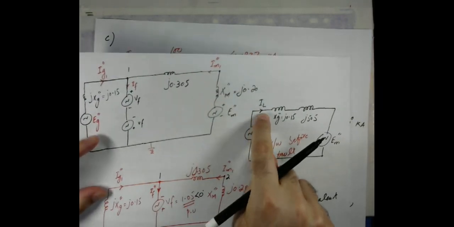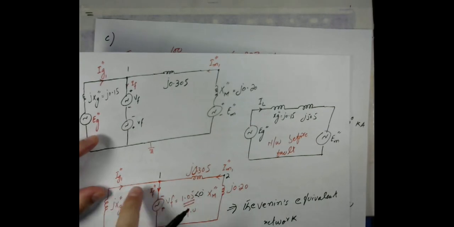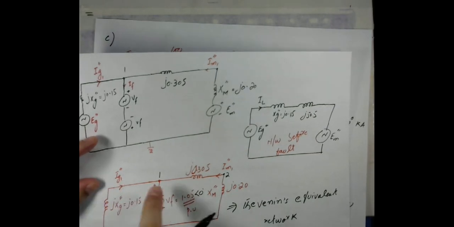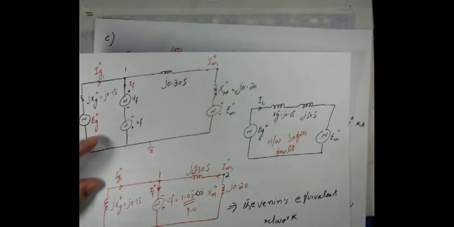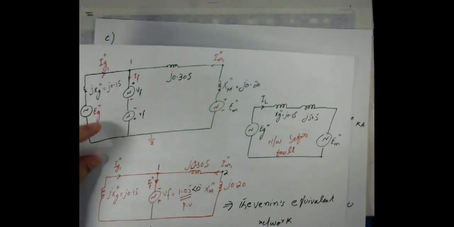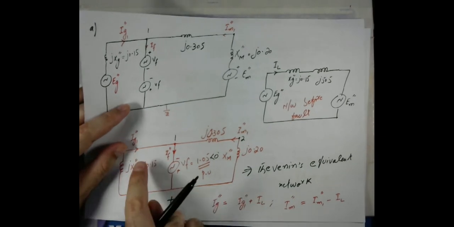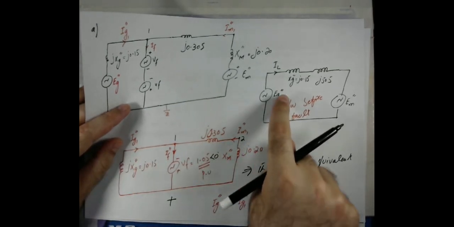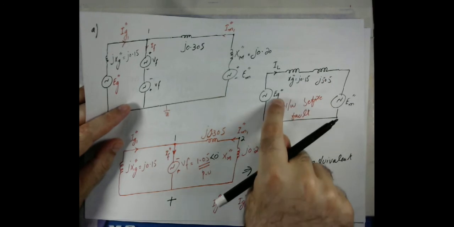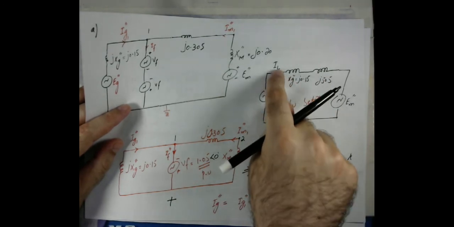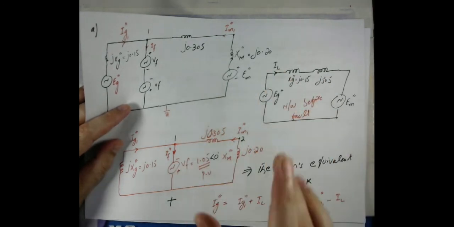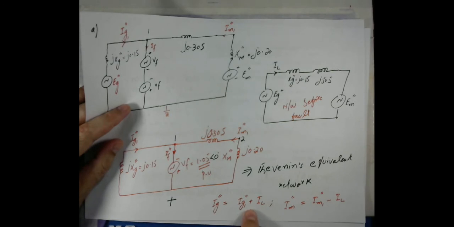But anyhow, now we have found the load current, and we previously found the generator and the motor current when we were solving the Thevenin equivalent network. So we solved first this circuit, we found the generator and the motor currents, and then afterward we solved the network before the fault, we determined the load current, and now I will add these two where the expressions are given here.